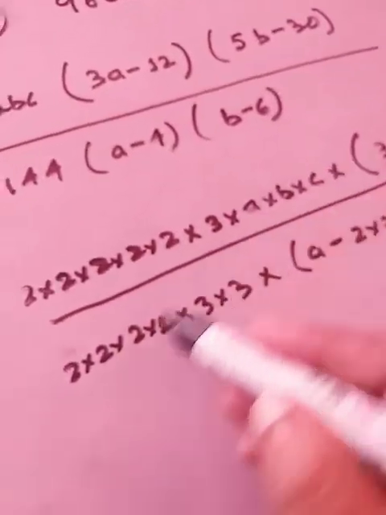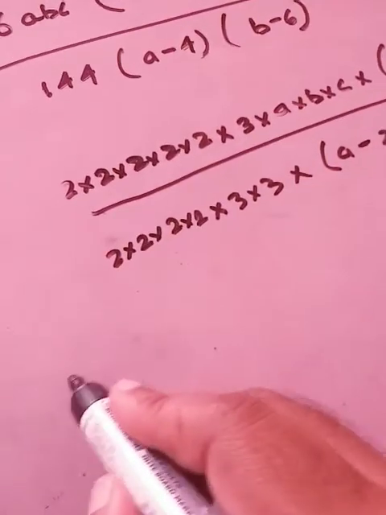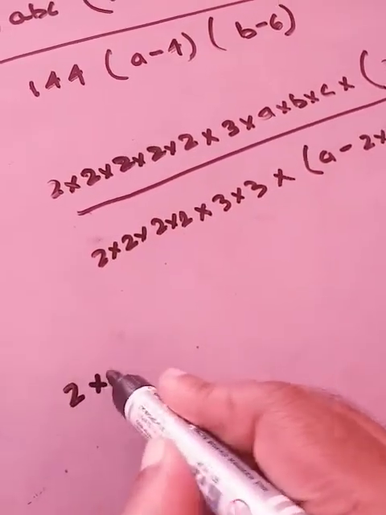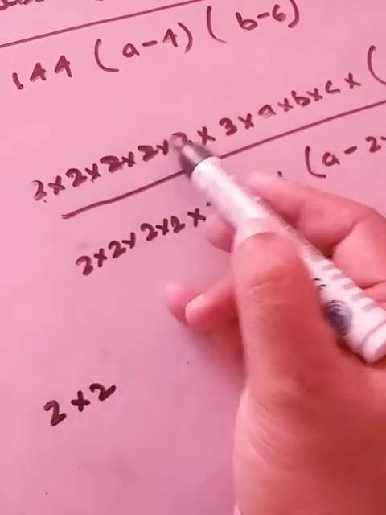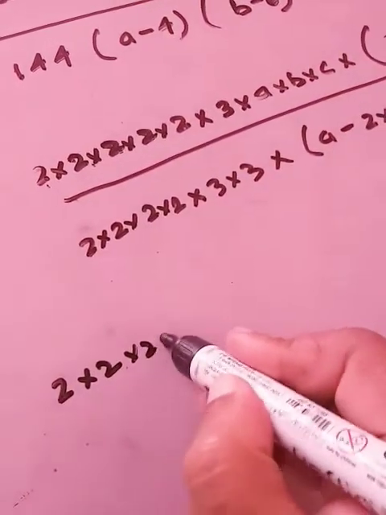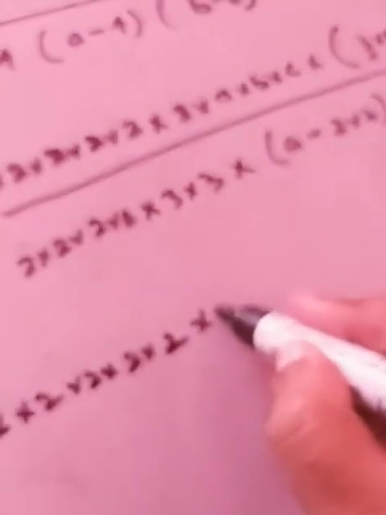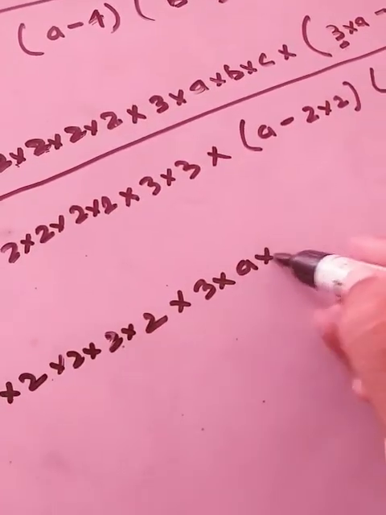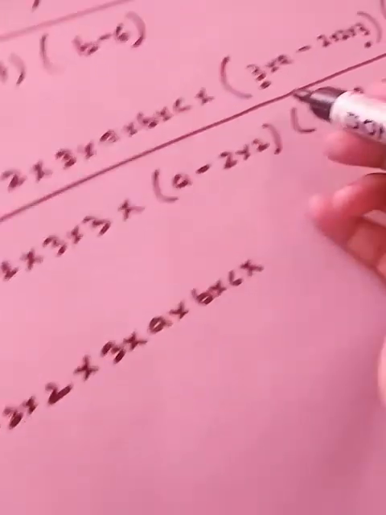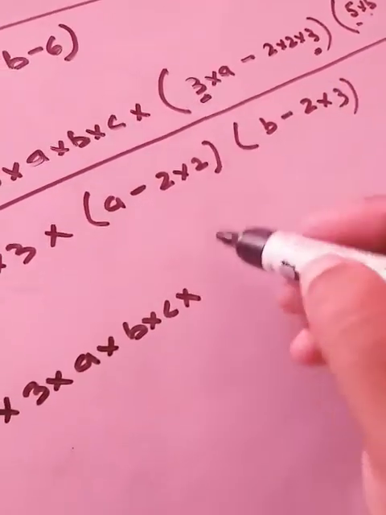If you want to cancel, then at last we'll cancel. Let me write it. 2 into 2, how many 2's are there? 1, 2, 3, 4, 5. How many 3's are there? Only 1 3 is there. A into B into C. What number will we take common from here? 3.